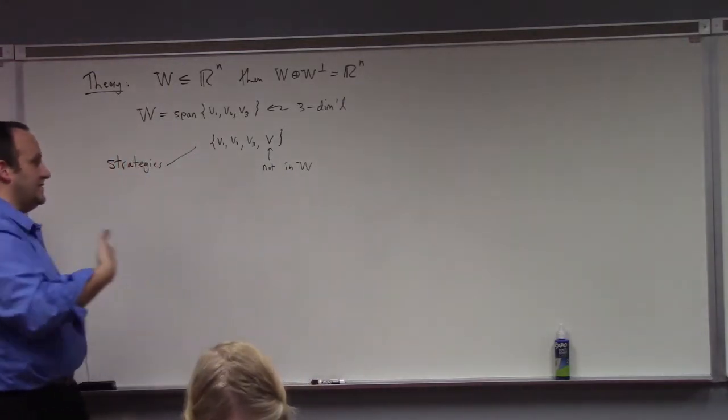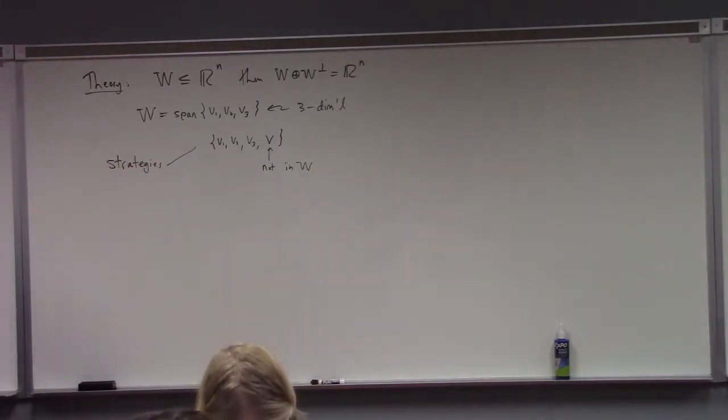If whatever you put there is not in W, then that's a linearly independent set by the plus minus theorem, right? Because V1, V2, V3 is linearly independent. So if I join a vector outside the span, it's linearly independent. And if that's a linearly independent set, then I can apply the Gram-Schmidt algorithm on this, and that will change V into what I want it to be.